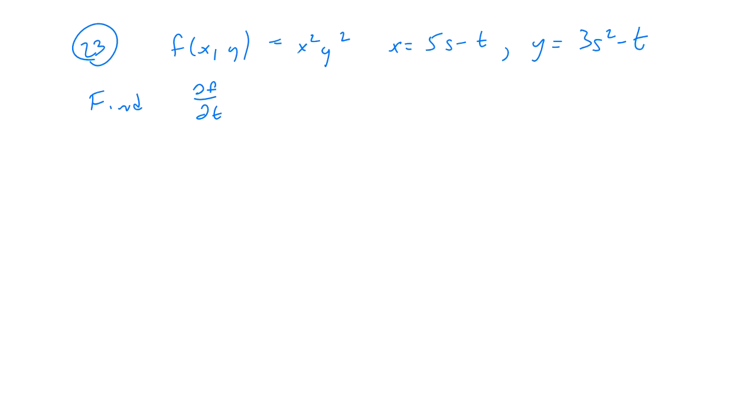Like the last one, we have the two parts, except now it really is partial, which means we take the derivatives. So take the derivative of f, take the derivative of x with respect to t.